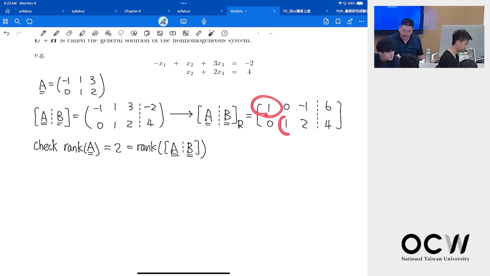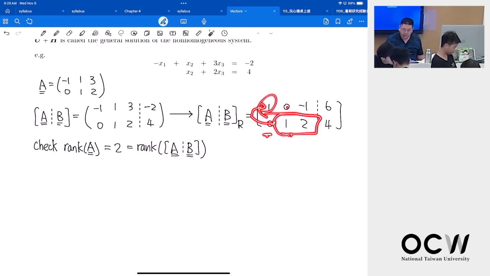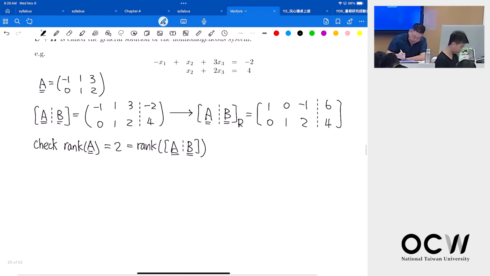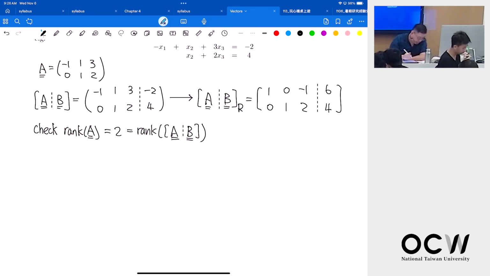If we have leading entries, then definitely these two vectors are linearly independent, because I cannot use one of these vectors to express the other one, because here I have 1 and I don't have anything for that element. So if the rank is the same, then we can make sure that we have a solution. The system has a solution, and then we can try to find that.